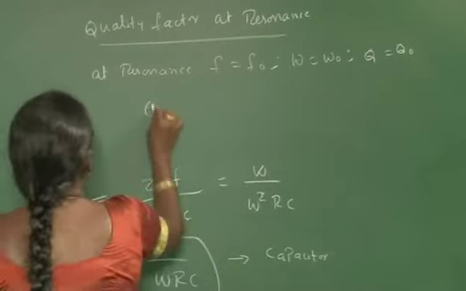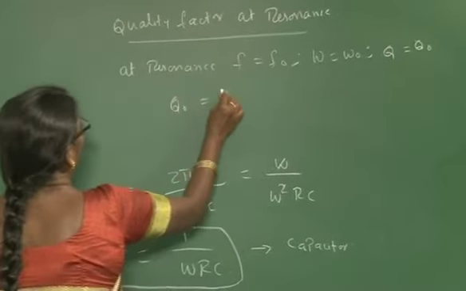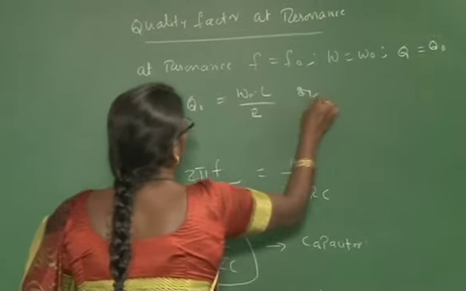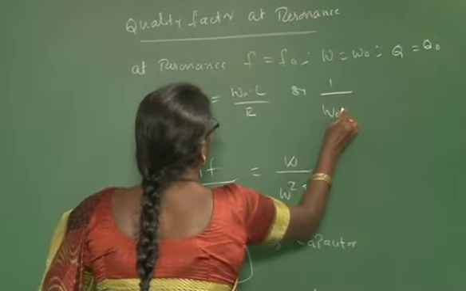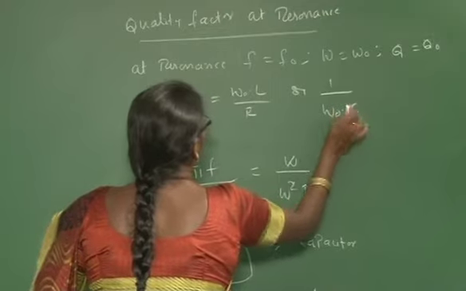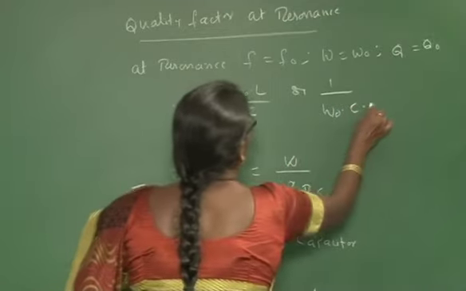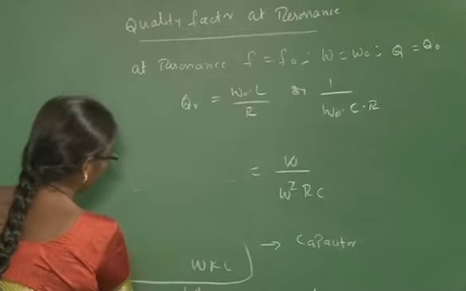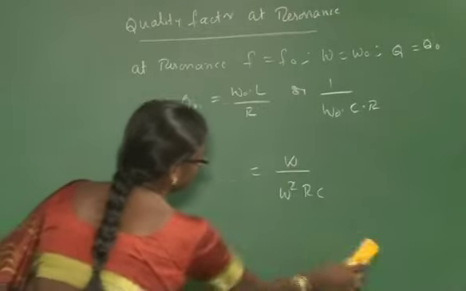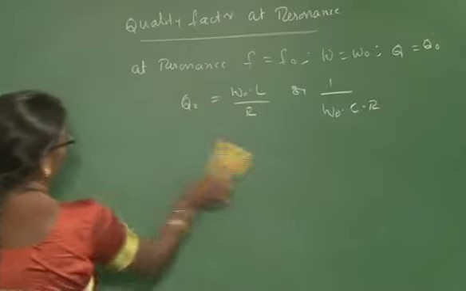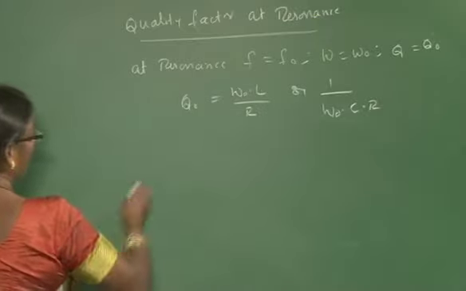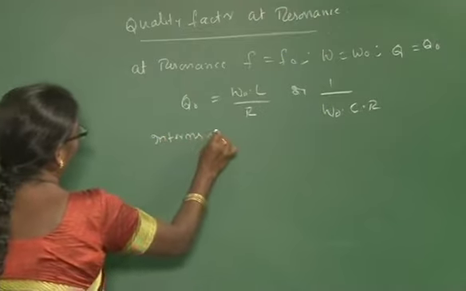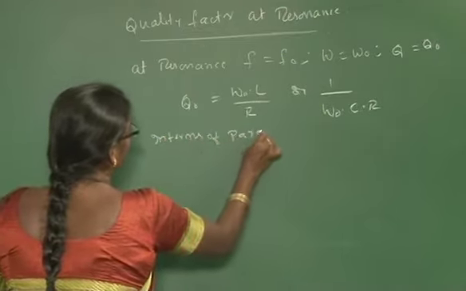Now what is q naught? Omega naught into L by R, 1 by omega naught into C into R. These two are the equations for quality factor. And also we can summarize in terms of parameters of the circuit.